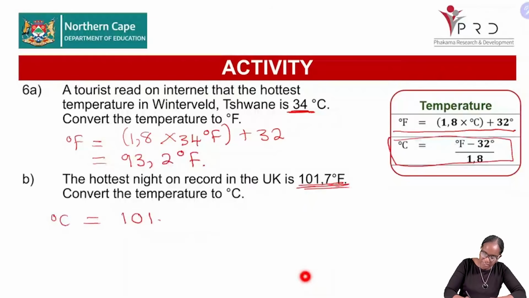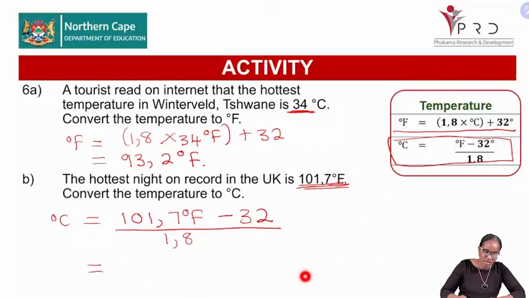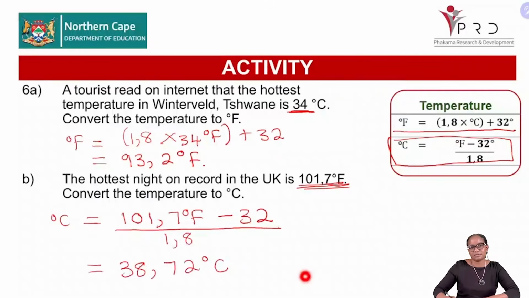It's 101,7. Subtract 32. Then divide everything by 1,8. What do you obtain, class? This should give you 38,72 degrees Celsius. Right. Always make sure you put the units in your answer. Don't just leave it as 38,72.